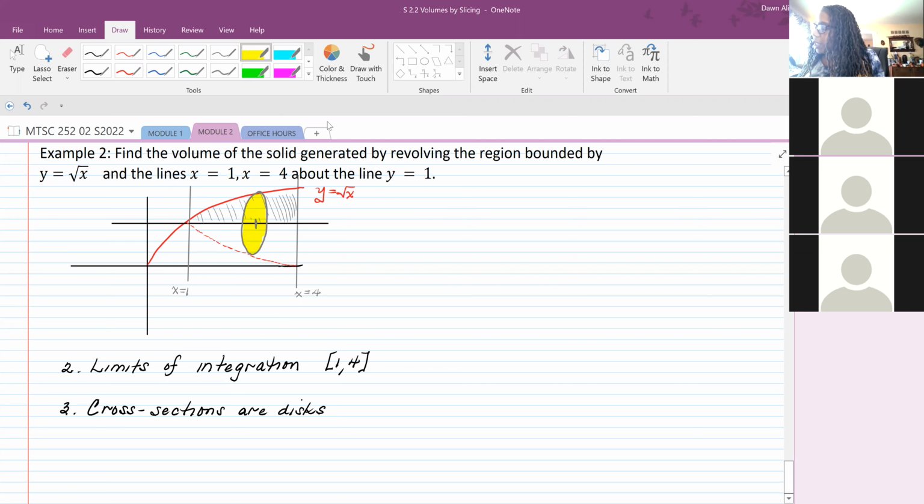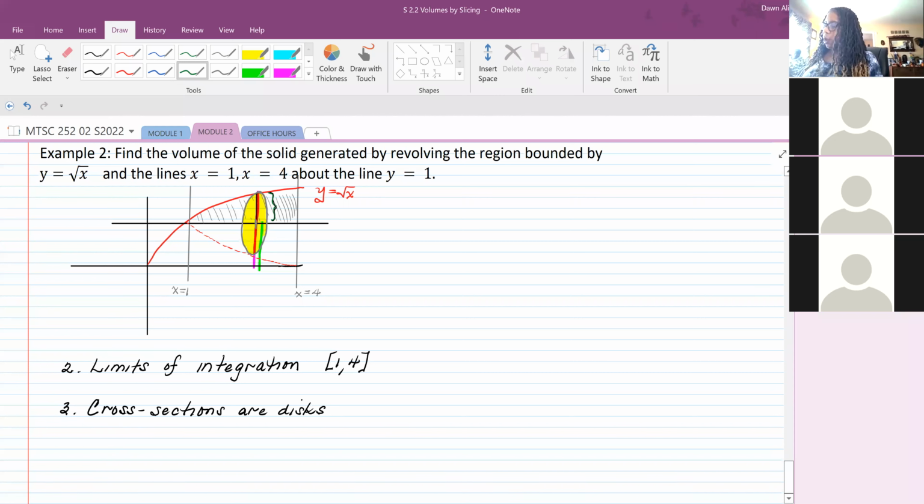Okay, so we need to find this radius, and the radius is here. Here's the radius. So we need this height. In order to find that height, we have to take this height, which goes from here all the way down to there, and subtract this part. Then that will give me this part.